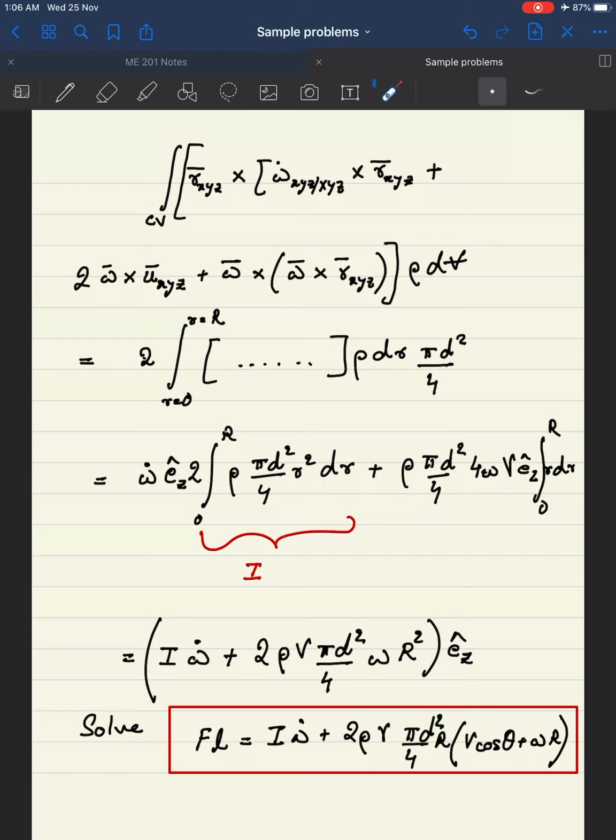So this entire term ends up being this term. Now you solve just like previously, and you should end up with this particular equation right here, and this is the final answer. So give it a shot.